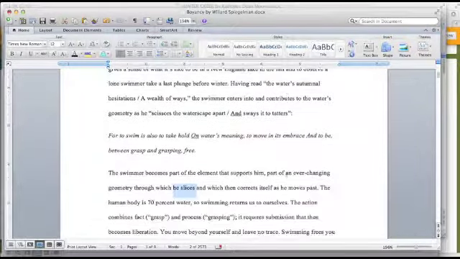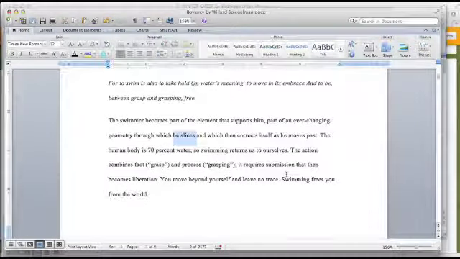The first thing that I noticed when I read through this essay is his use of verbs. His verb use is really interesting. Here he says, "part of an ever-changing geometry through which he slices, and which then corrects itself as he moves past." The verb choice of slices helps to create an image in your head.